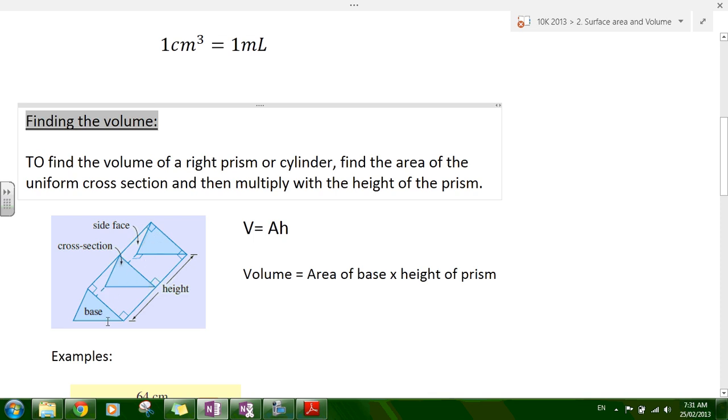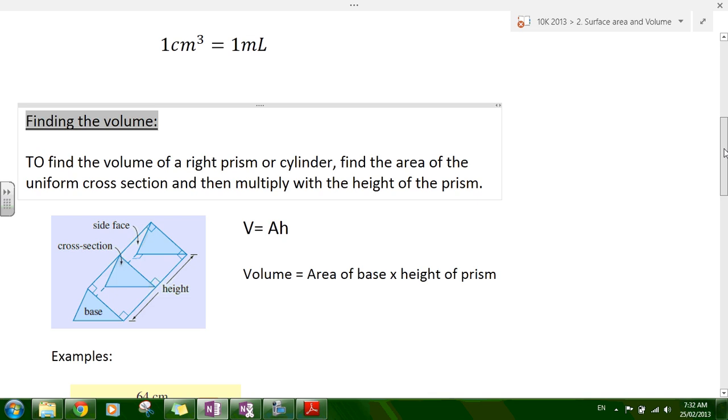So you find the area of that uniform shape, and then you multiply that with the height, or depending on how it looks, the length, or let's just say it's height. So you multiply the area of the base with this height. V equals AH. The volume, V for volume, equals area of base times height of a prism.